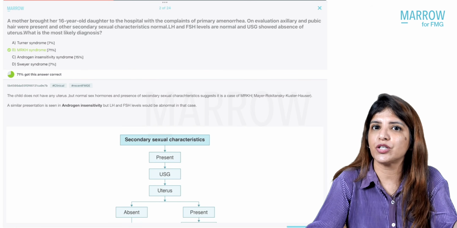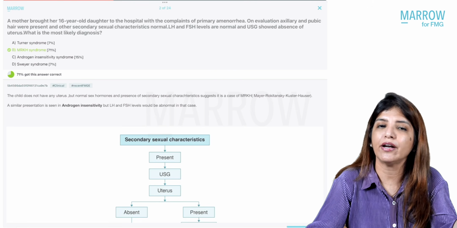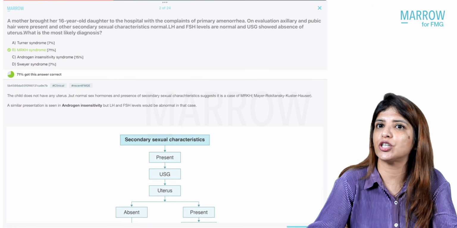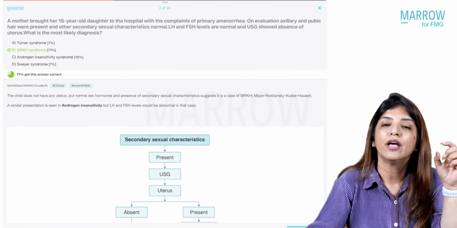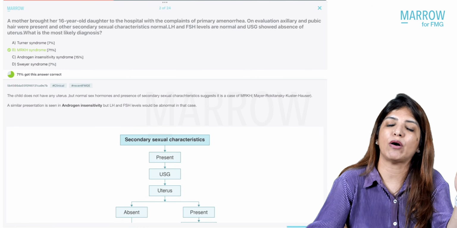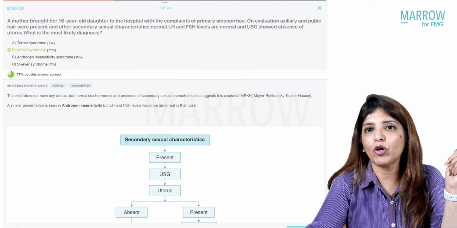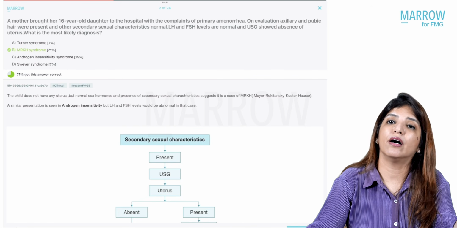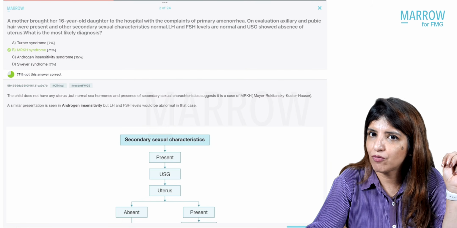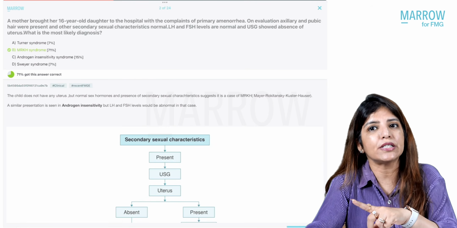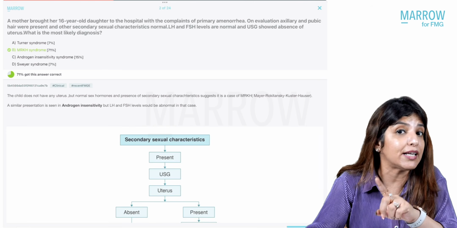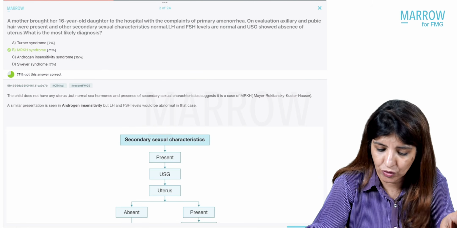In Mullerian agenesis secondary sexual characteristics are normal, axillary hair present, pubic hair present, and I can also think about cryptomenorrhea. In cryptomenorrhea also secondary sexual characteristics are present, and pubic hair and axillary hair will be present. In androgen insensitivity syndrome, only secondary sexual characteristic will be present. Axillary hair and pubic hair will not be present, right?